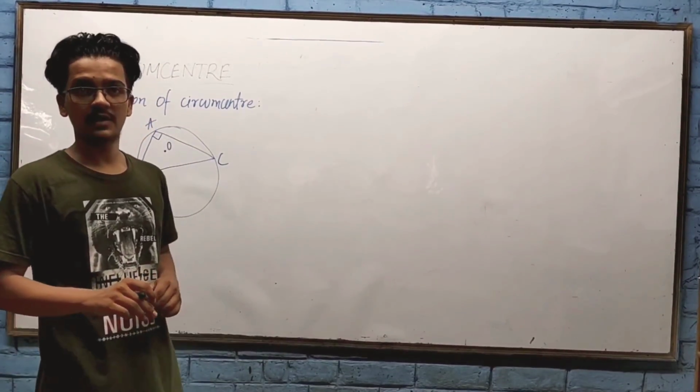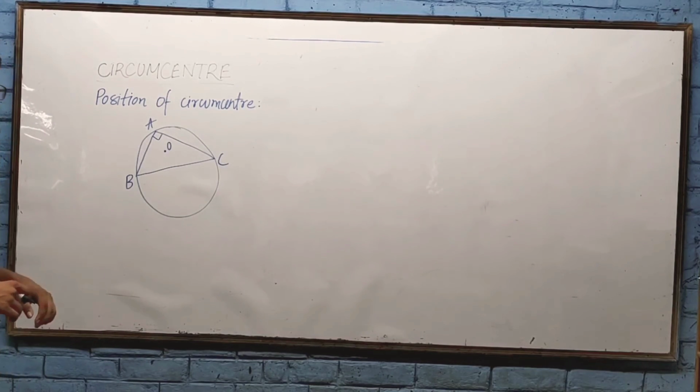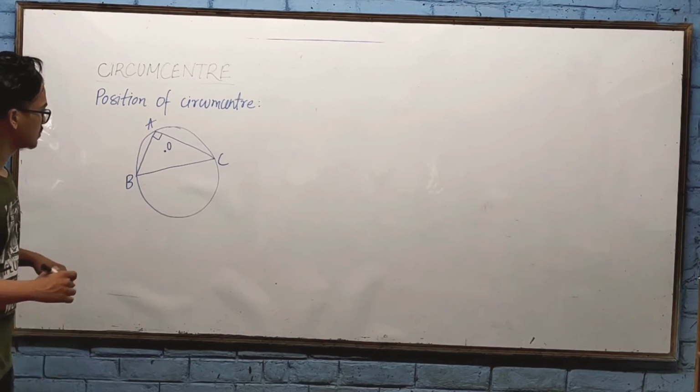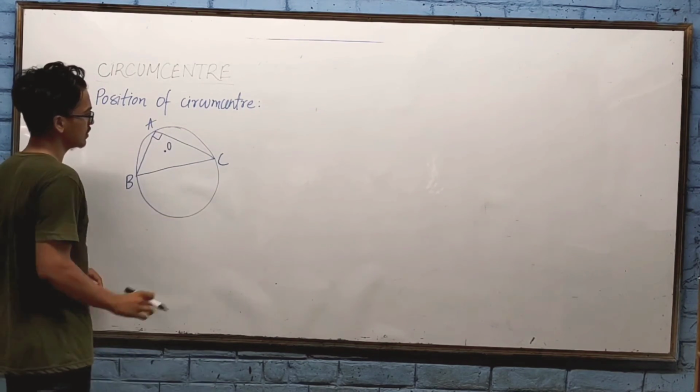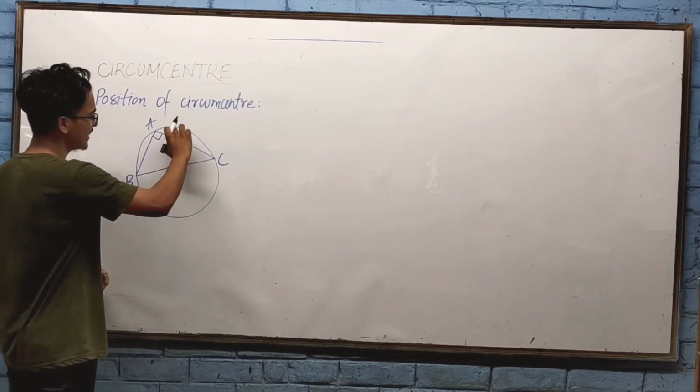Let's take the case of a right angle triangle and see where the circumcenter lies. This is a right angle triangle ABC with angle A being 90 degrees.